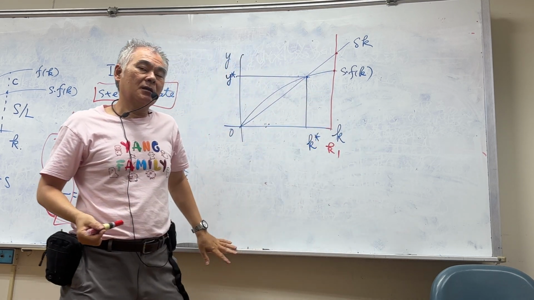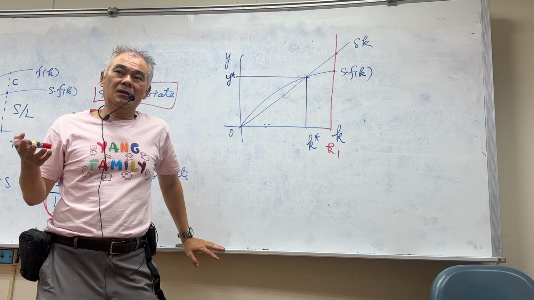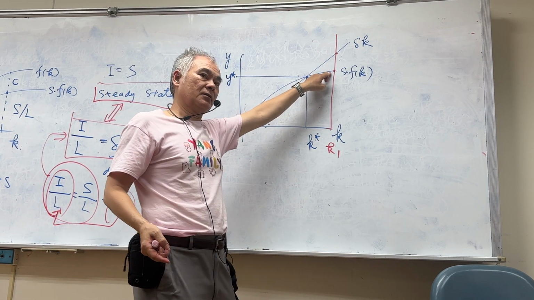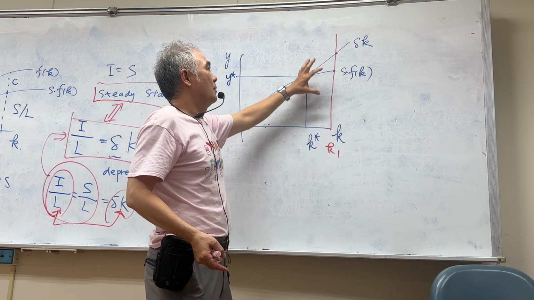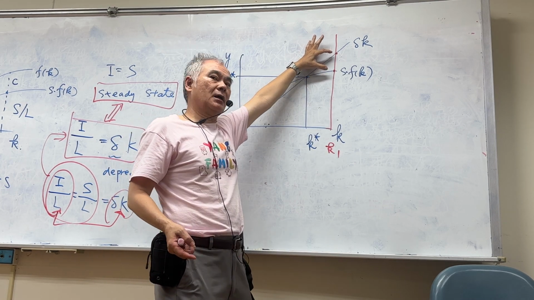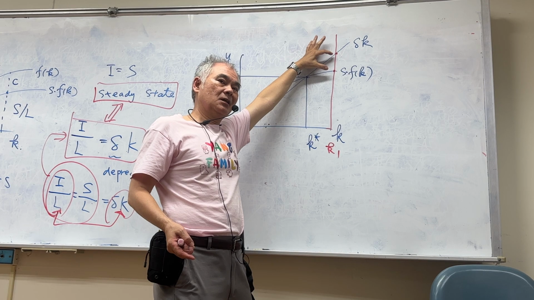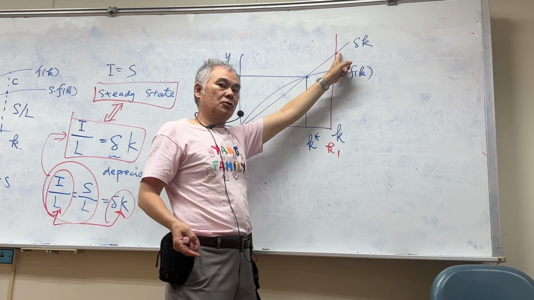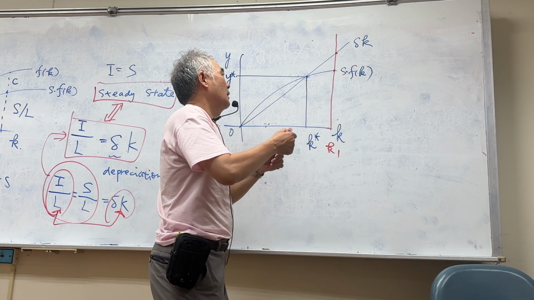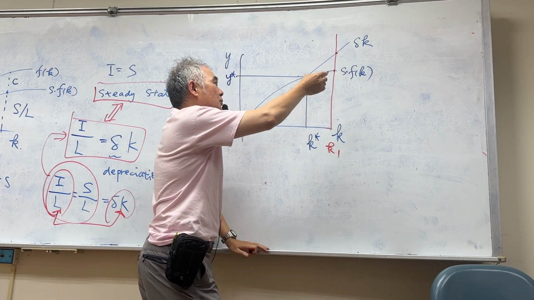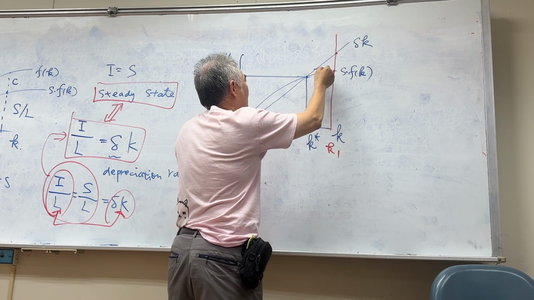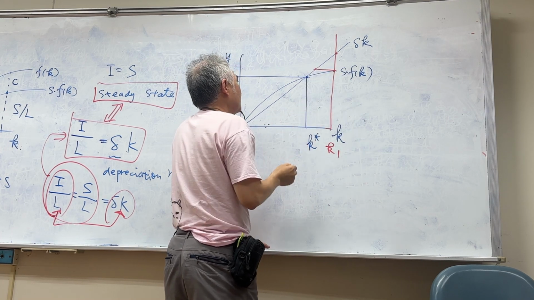And as we say, saving is equal to investment. So what does that mean? This is your saving, this is your investment, but is it able to make up for the loss in depreciation? The answer is no, because the depreciation is higher. And because the depreciation is higher, the production level will go down to here.